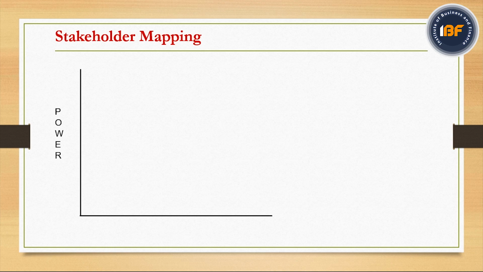On the x-axis, we have interest. On the y-axis, we have power. The person who made this concept of mapping is Mendelow. He divided this graph into 4 blocks.